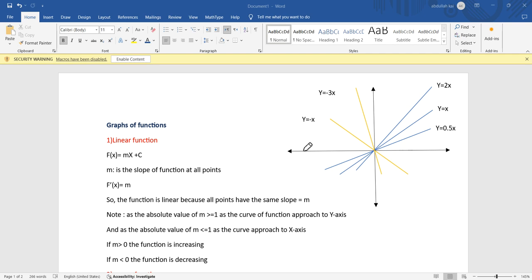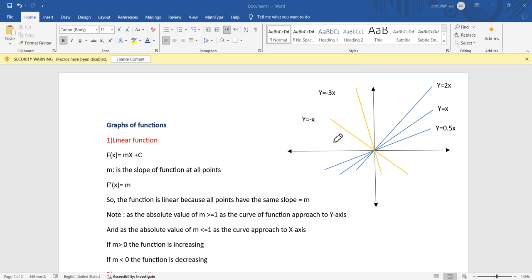And let's discuss the second note: if the absolute value of m is below or equal to 1, the curve approaches the x-axis. Let's see this function. This is m equals half. So this function is gonna approach the x-axis, as you see.